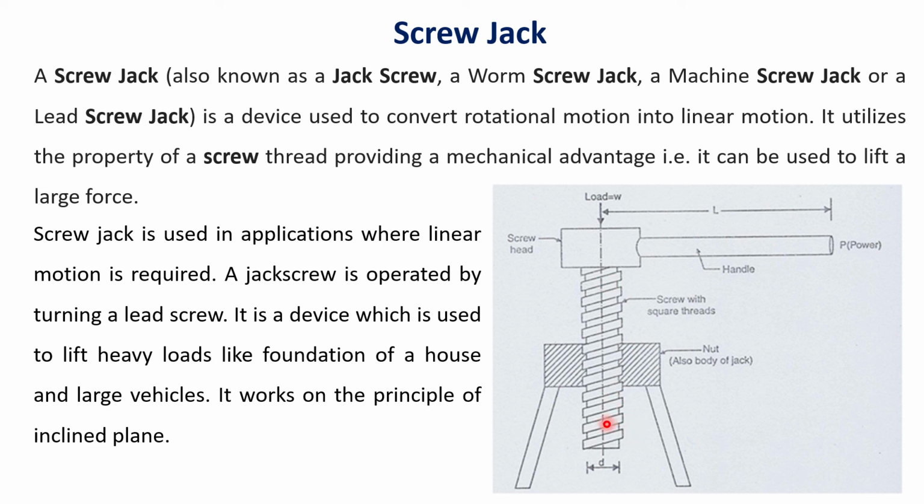You must have seen the lead screw in your workshop also, while working on the lathe machine, in the half nut mechanism of the lathe machine. It is a device used to lift heavy loads like the foundation of a house and large vehicles. It works on the principle of the inclined plane. So this is what I was telling you: if you enlarge this particular part and try to draw it, we get a small triangle, right?